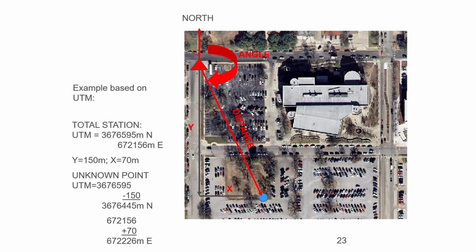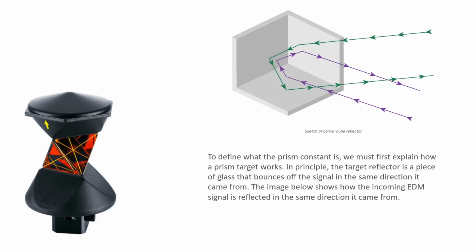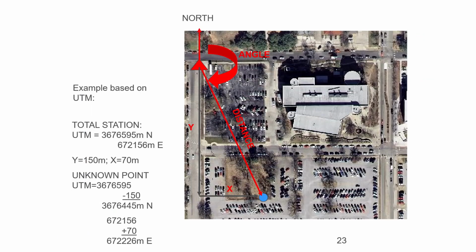Mainly we use another control point to find the azimuth of the direction of our distance, and then we just measure the angle between the north and the distance from the point where the total station is situated to where the measuring rod with a prism reflector, the target reflector, is situated.